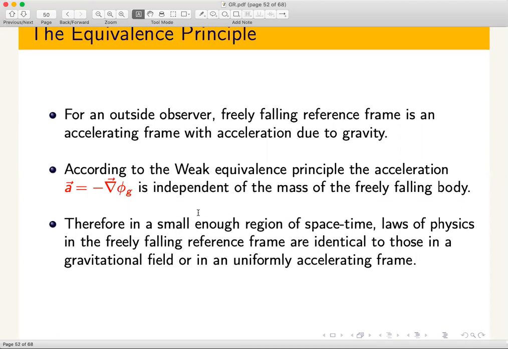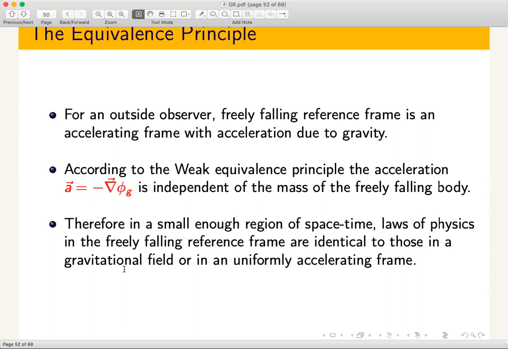One is trying to assume a uniformly accelerating frame being related to the acceleration generated by the gravitational field. Now you may have a gravitational field having a different gradient, and therefore the acceleration itself could change.